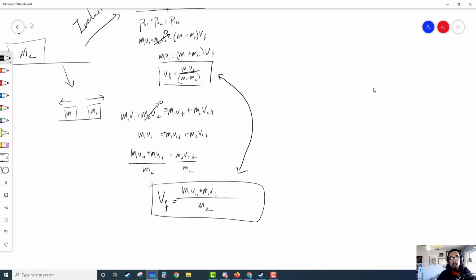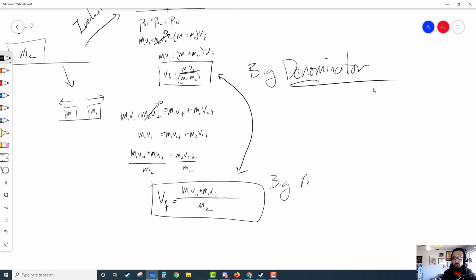If we take a look here, the inelastic collision, and by the way, this is something that you should memorize, has a big denominator. Here, because the two factors are adding, we have a big numerator.